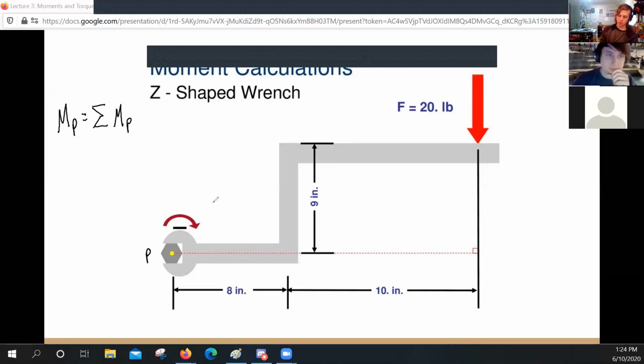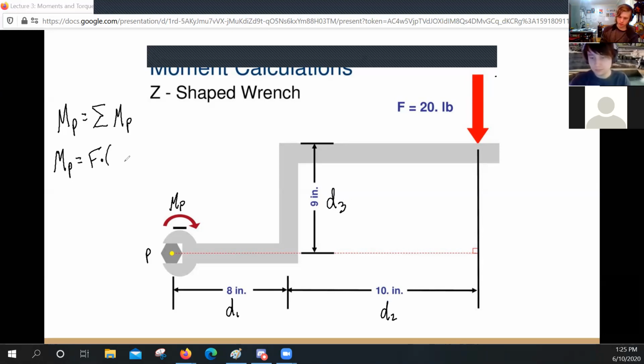And basically what we're going to say there is that here's a force over here, here's a distance, and there's another distance, and then the y component, we'll say. And this is MP. So basically we're going to do MP equals force times, and we'll call this D1, and we'll call this D2, and we'll call this D3.